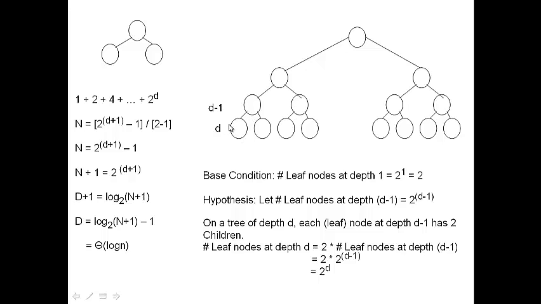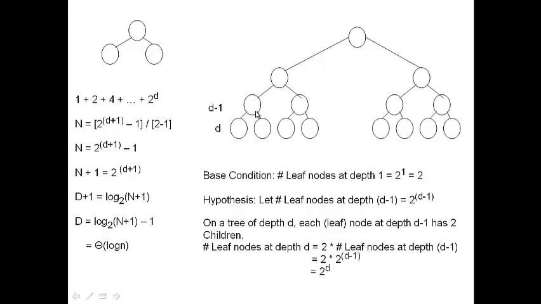Now you see at depth from d minus 1 to d, each node here actually has two children, right? So the number of leaf nodes that are at depth d would be what? Twice the number of nodes at depth d minus 1. So if the binary tree stopped at depth d minus 1, these would have been your leaf nodes.